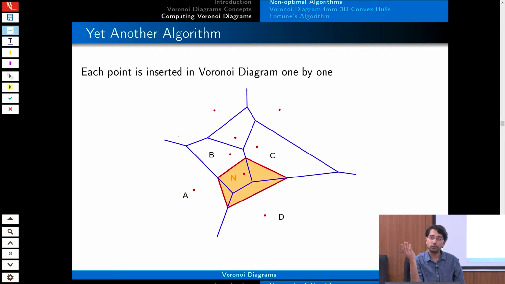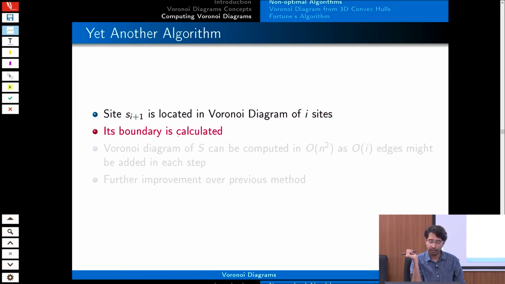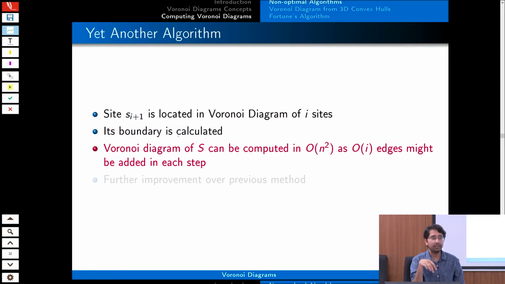Another one we can do is incremental construction, where we add the site points one by one and keep changing the Voronoi diagram. I will not cover this algorithm, but if you go through it, it will take order n square time.